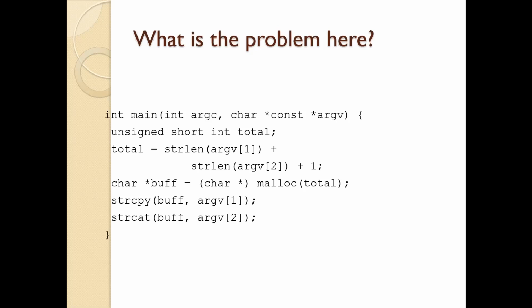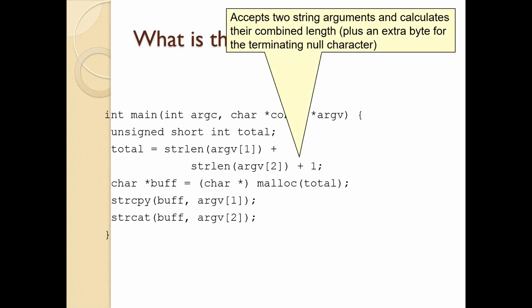All right, so let's take a look. You can see it accepts 2 string arguments and calculates their combined length plus an extra byte for the terminating null character. Memory is allocated to store both strings.